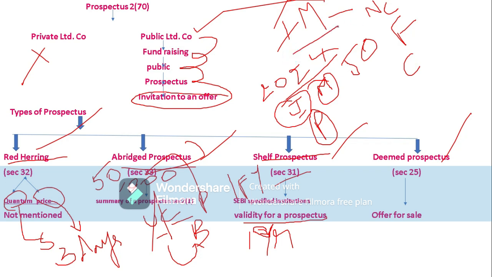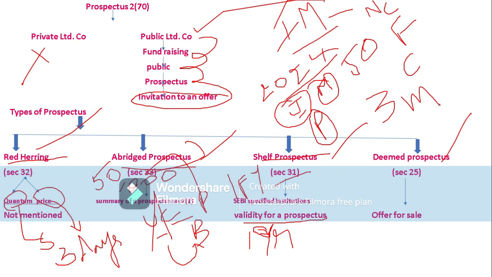Such an information memorandum must be filed with the registrar within the prescribed time period, which is 3 months. They have to submit this information memorandum to the registrar prior to the issue of the second or subsequent offer made under the shelf prospectus.